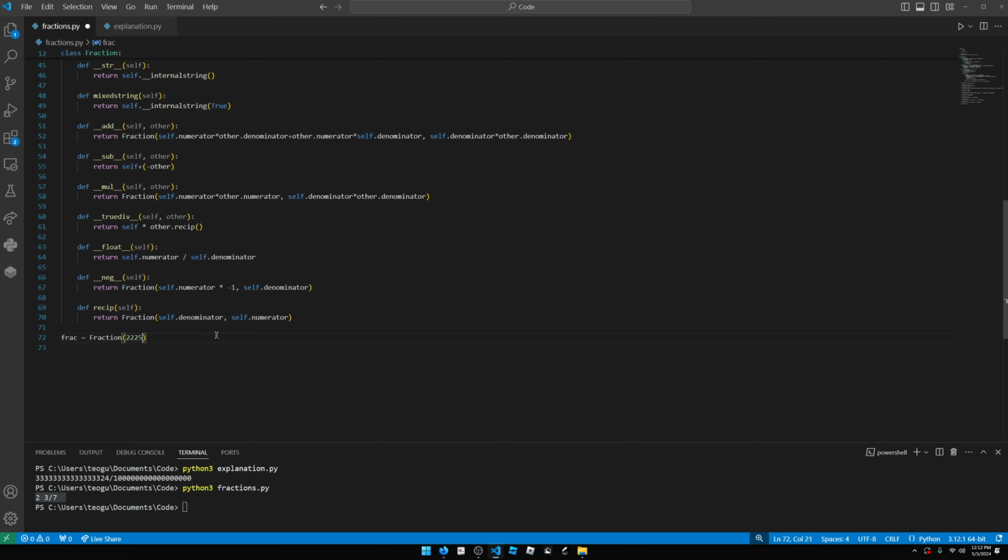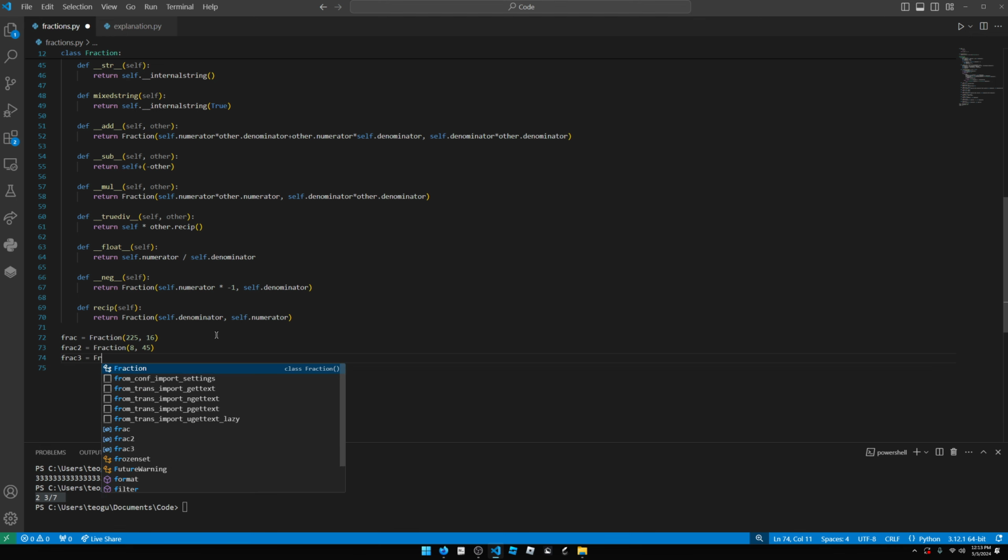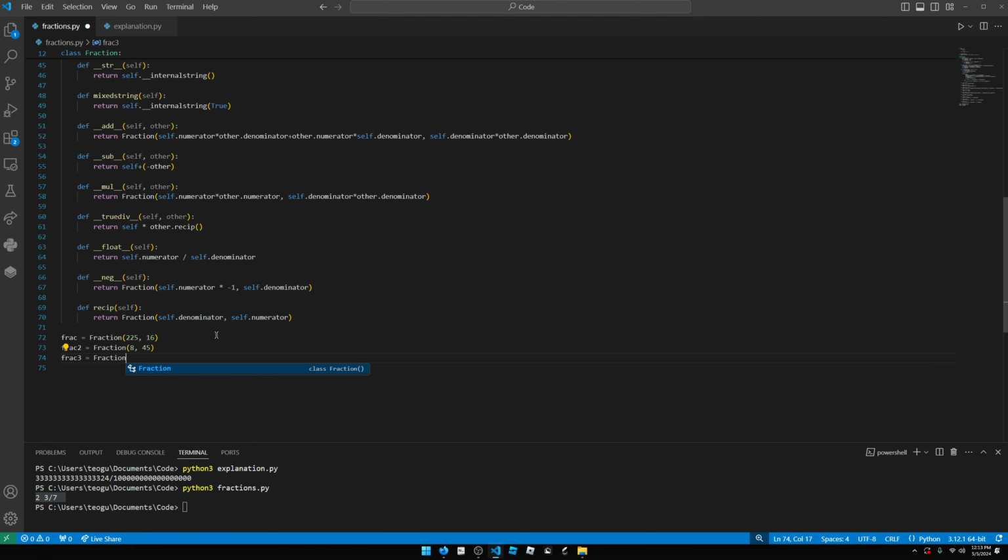So frac 1 is 25 over 16, and then frac 2 equals fraction 8 over 45, frac 3 equals fraction 2 over 5. This simplification is really effective.